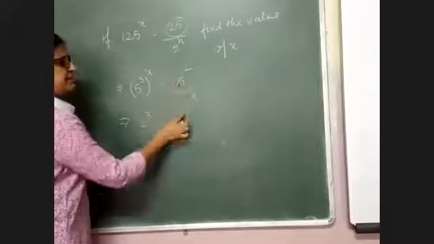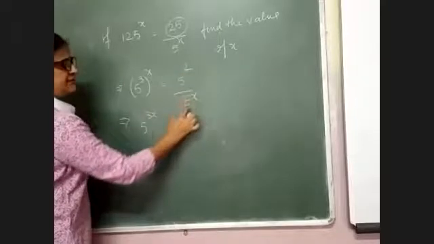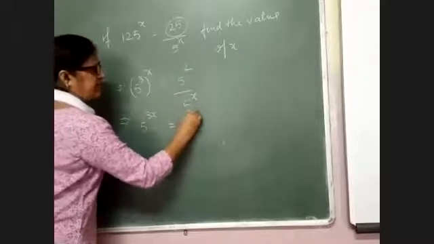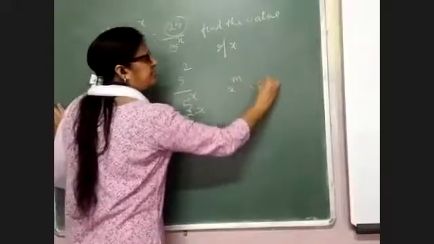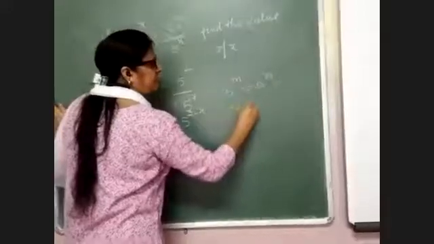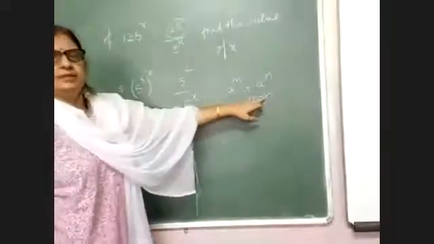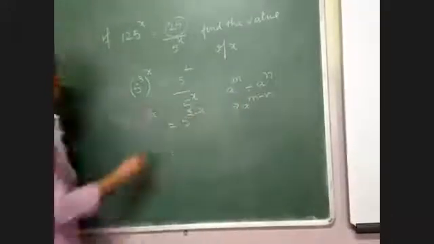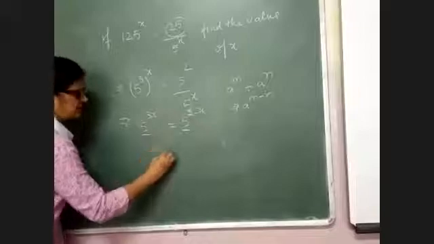Here the bases are the same, and it is given 5 raised to the power 2 divided by 5 raised to the power x. When a raised to the power m is divided by a raised to the power n, you write it as m minus n, the powers are subtracted. Now the bases are equal, so the powers are also equal.